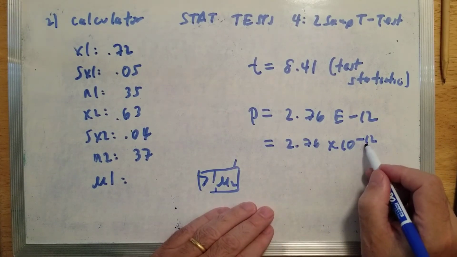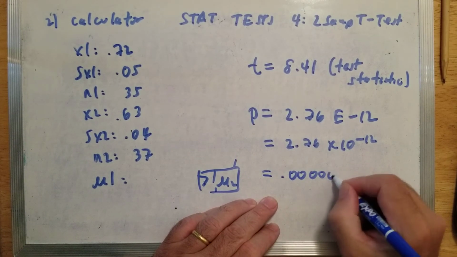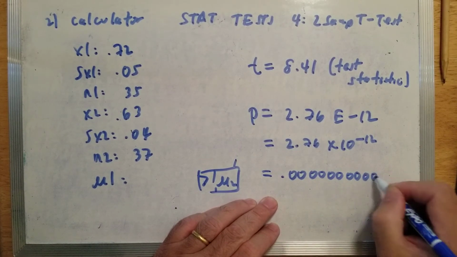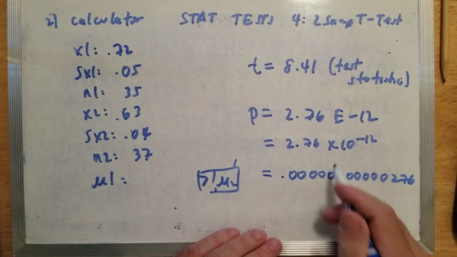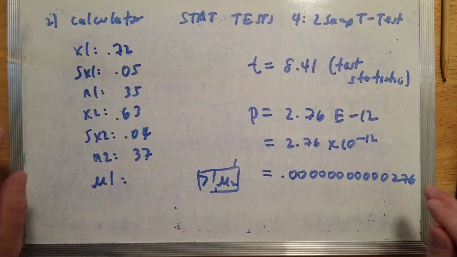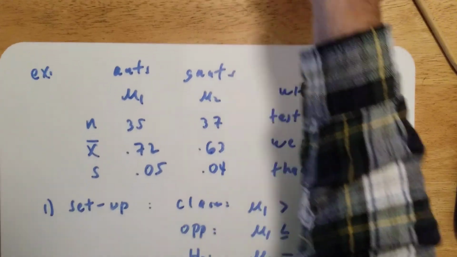That negative 12 is going to put 11 zeros in front of that: 1, 2, 3, 4, 5, 6, 7, 8, 9, 10, 11, 2, 7, 6. You don't have to write that out. Just know that that's a very tiny value close to 0. Now that we have that, we're ready to draw our conclusion.